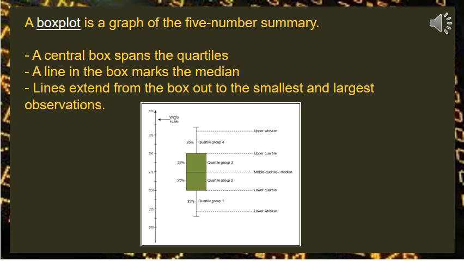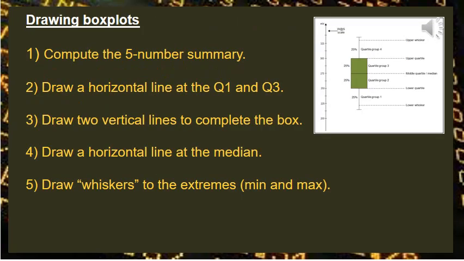So if I want to do a box plot for the number of goals of Daniel Alfredsson, the distribution goes from 10 to 43. My scale could be divided from 0 to 50, for example. This is how a box plot looks like. In order to draw a box plot, you will first have to find the 5-number summary of a distribution. Then draw small horizontal lines at Q1 and Q3.